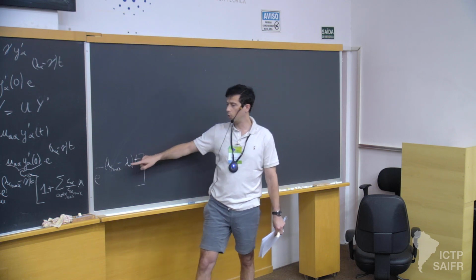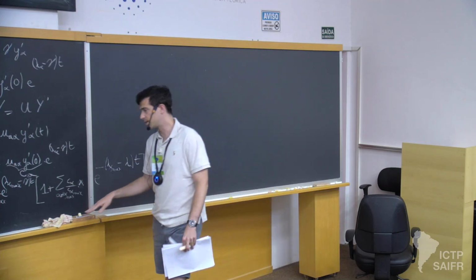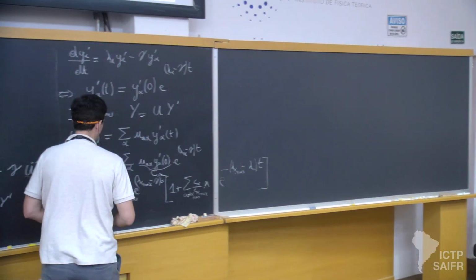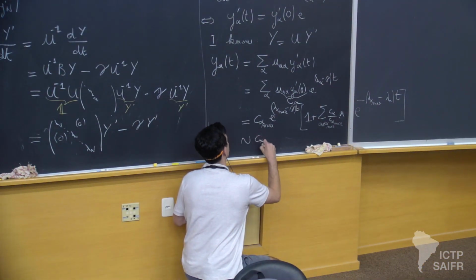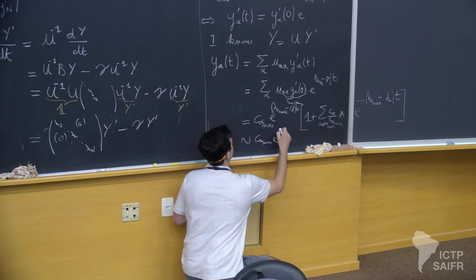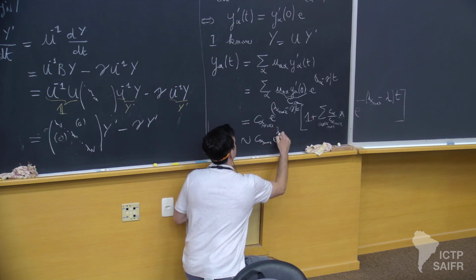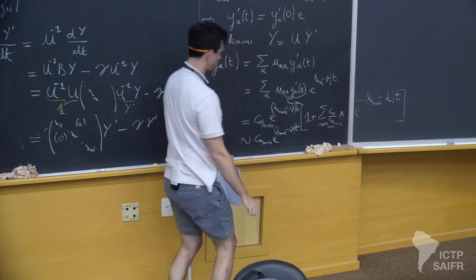So all the terms in this sum are going to 0. As time grows, these things become basically equivalent to just C alpha max times exponential of (lambda max minus gamma) t.